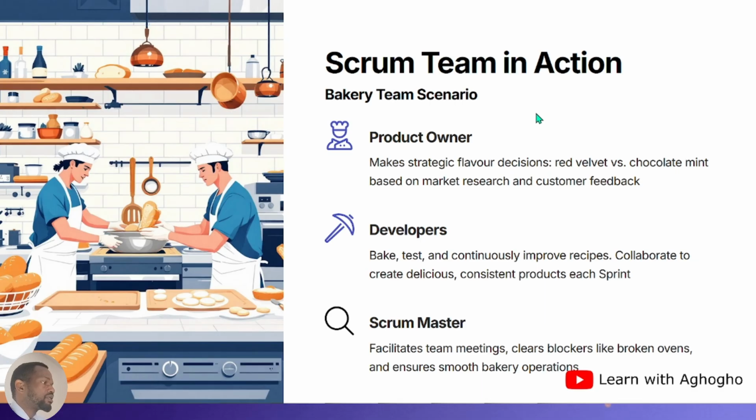The developer bakes, tests, and continuously improves the recipes, collaborating to create delicious, consistent products each sprint. The Scrum Master facilitates the team meetings, clears the blockers like broken ovens, and ensures smooth bakery operations.